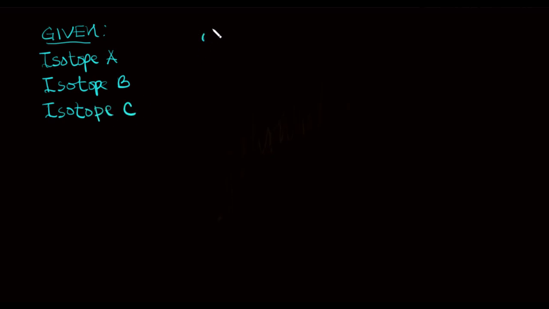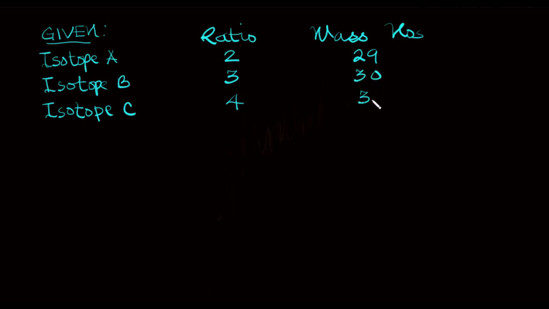And the ratio of A to B to C is 2 to 3 to 4, while the mass numbers of A, B, and C are 29, 30, and 31.